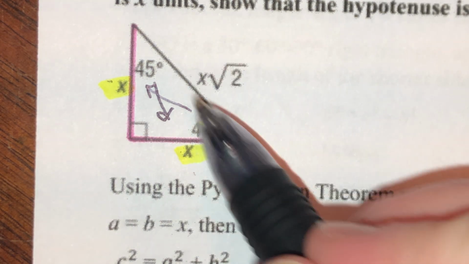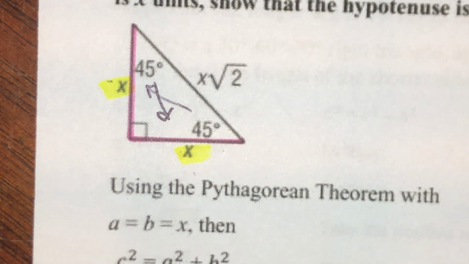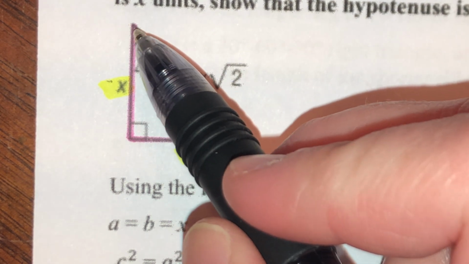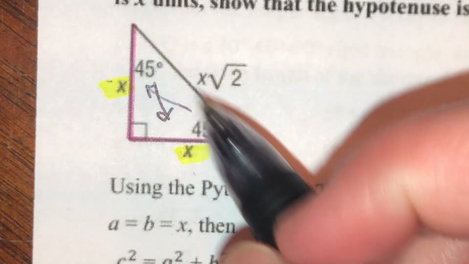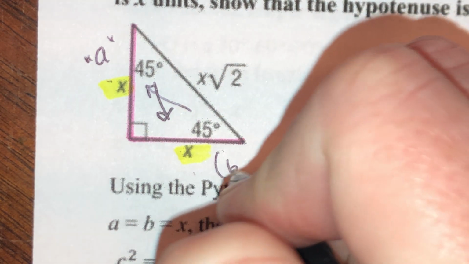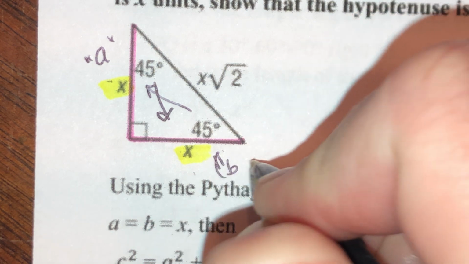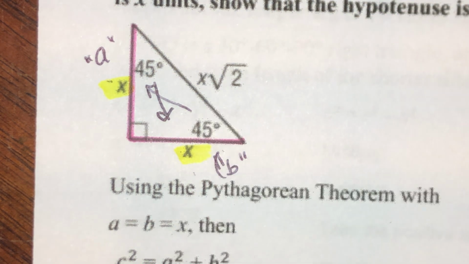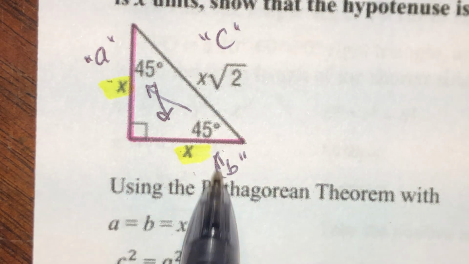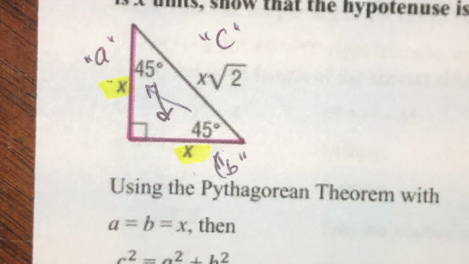So how do I know what the hypotenuse is? Well, they did a little bit of math here. This is a right triangle, so we call one side A, the other side B, and the hypotenuse we always call C. So we can do A squared plus B squared equals C squared in a right triangle.